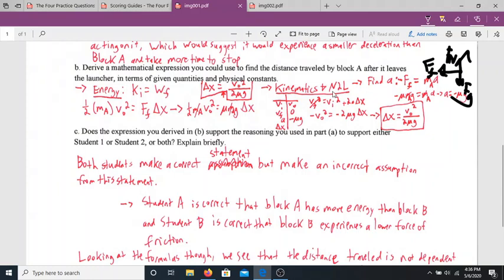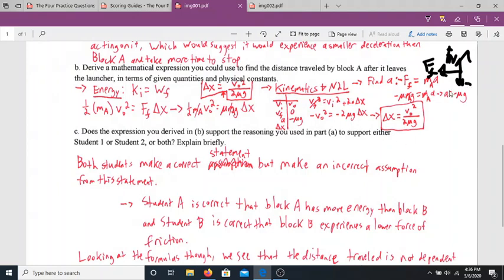So to use Newton's second law, the net force is equal to the mass times the acceleration. Looking at that, that's exactly what I've done here. Then I just plug in the formula for force of friction, which is mu times the weight of the block is equal to ma. Once again, the masses cancel out, and I'm left with the acceleration being just equal to a negative mu g.